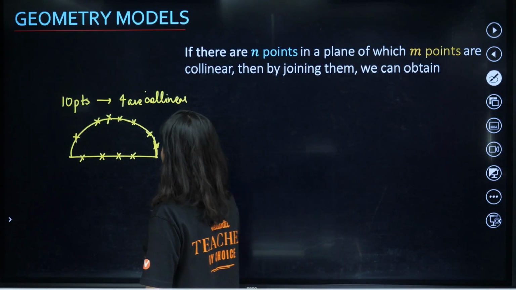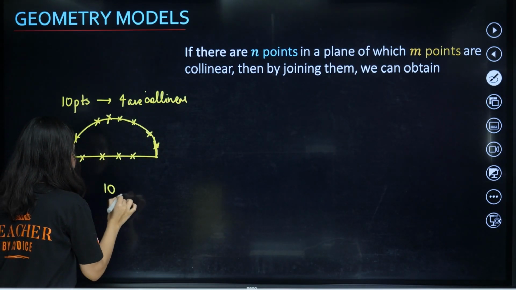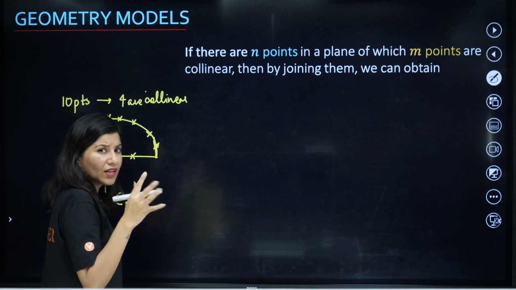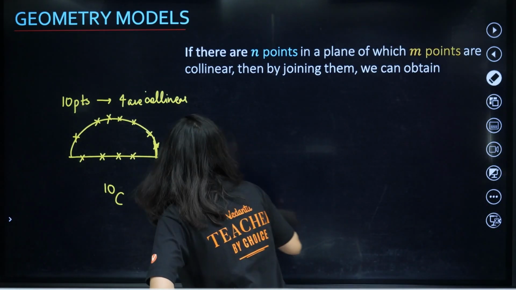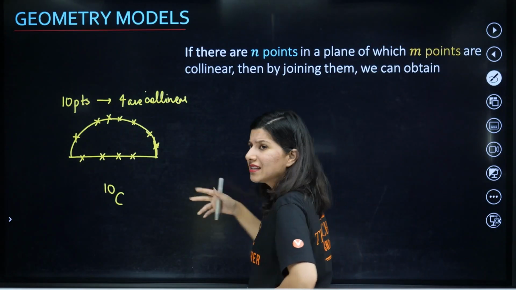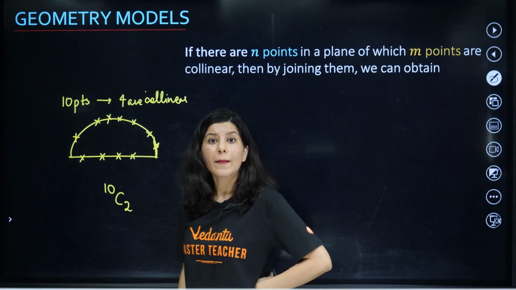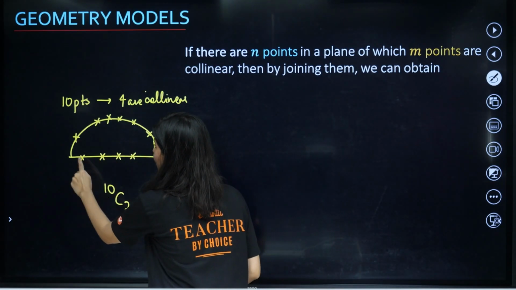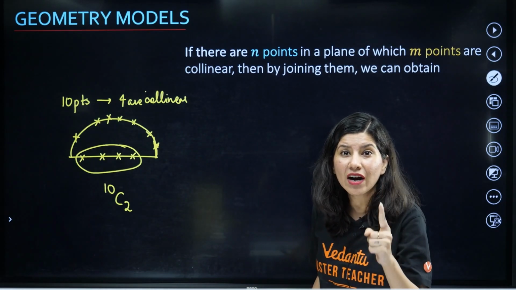So understand what will happen over here. If there are 10 points, ideally 10C3 triangles will get formed. But let's forget the triangles and talk about the lines first. So in the ideal case, if no 3 are collinear, 10C2 as per the formula. But actually, using these 4 points, there will be only one line.